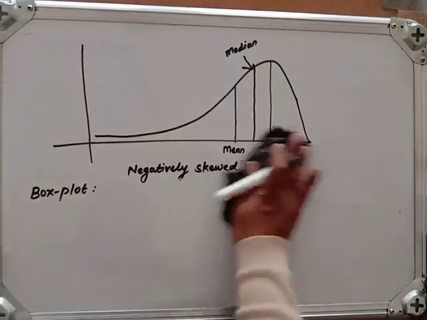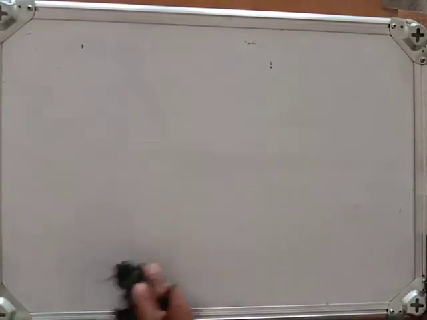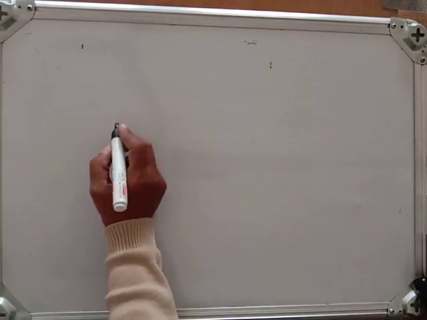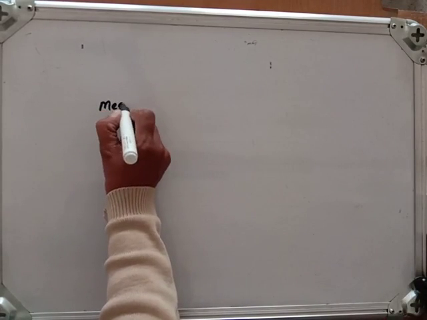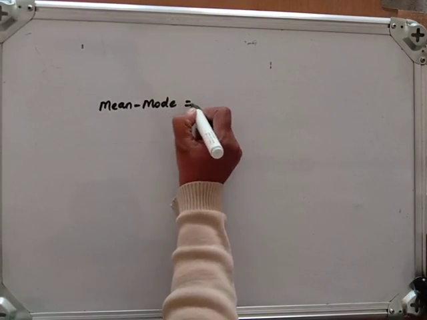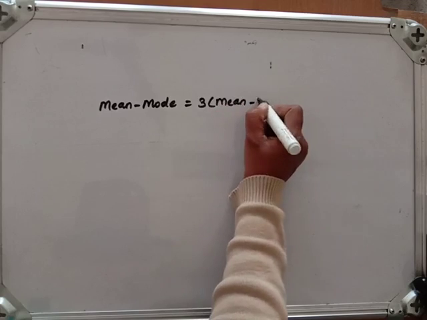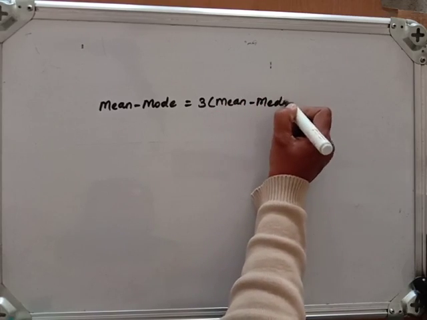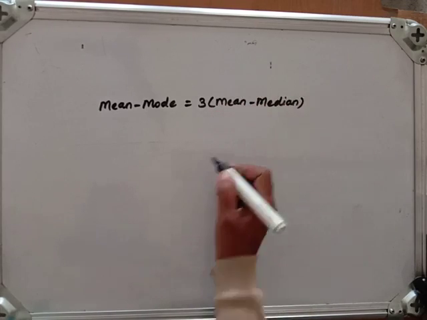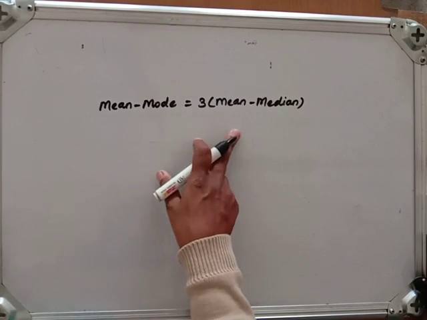Now let us see the empirical relation. Already we have seen the empirical relation between mean, median and mode. So now you know that mean minus mode is equal to 3 times (mean minus median). A relation between these three measures of central tendency, that is the empirical relation between them.